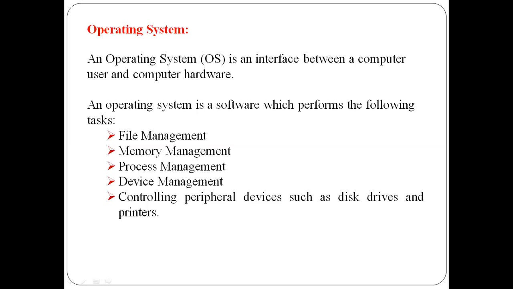In the same manner, we have an interface between computer user and computer hardware that we call the operating system. Along with acting as an interface, the operating system also has various works to do. Those works are file management, memory management, process management, device management, etc. These are all the various tasks that an operating system will do.